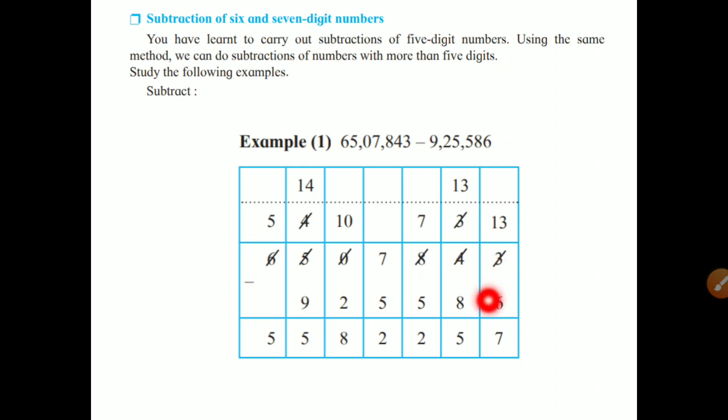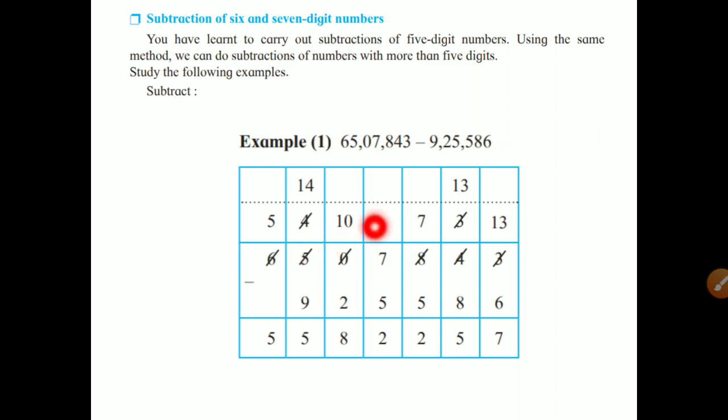3 minus 6 not possible, will borrow from 4. This will make 13. 13 minus 6, the answer will be 7. Now 3 minus 8 not possible, again will borrow from 8. This will make 13. 13 minus 8, answer is 5. 7 minus 5, 2. Here 7 minus 5, 2. 0 minus 2 not possible, will borrow from 5.